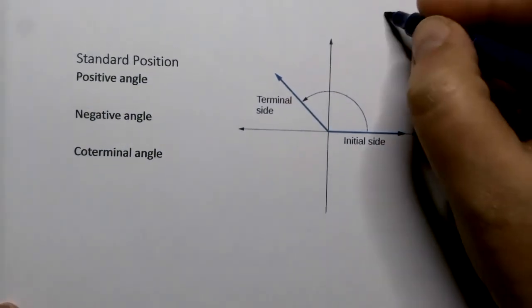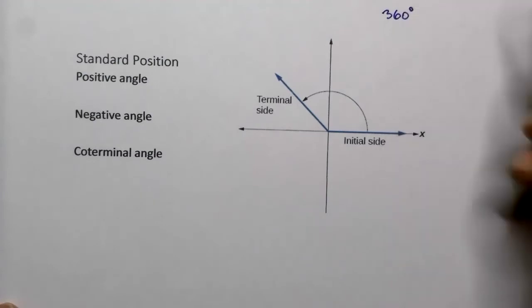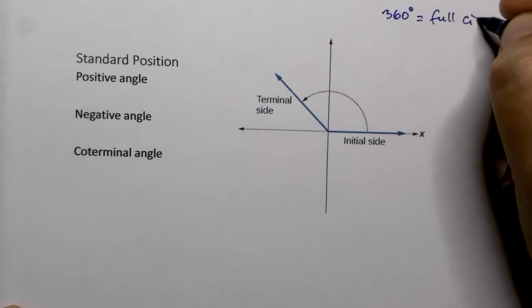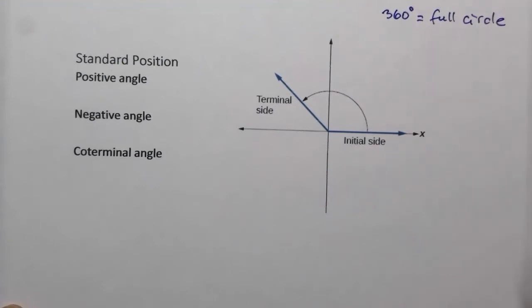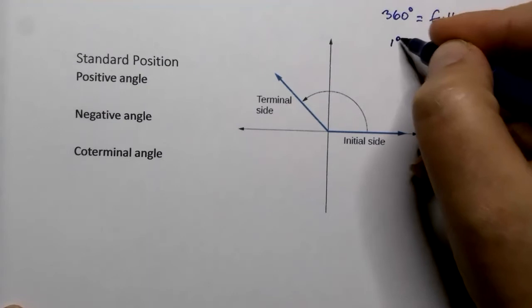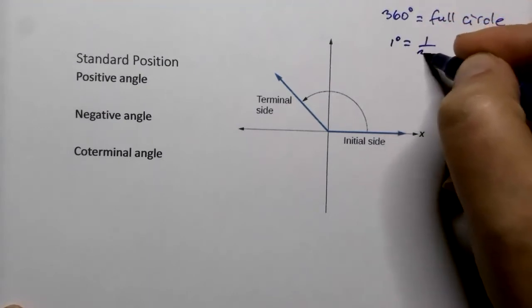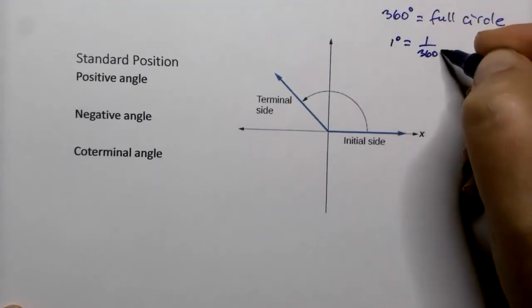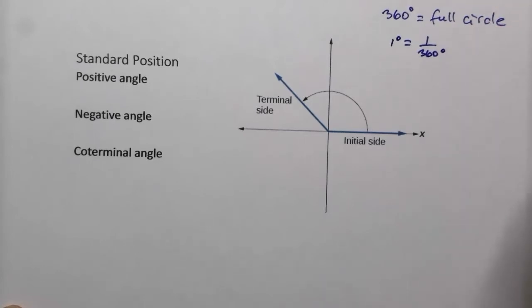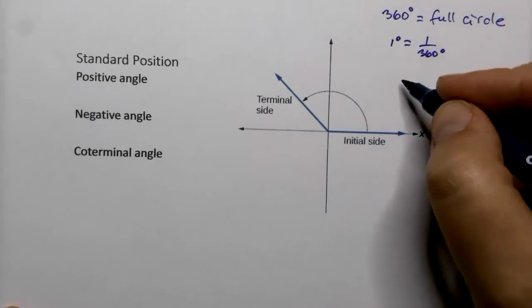A 360-degree rotation is a full circle. So 1 degree is 1 out of 360 degrees.